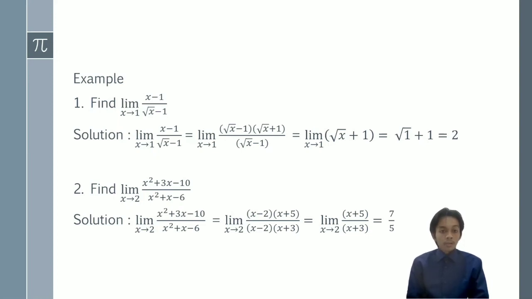Okay, now the next example is: find the limit of x squared plus 3x minus 10 all over x squared plus x minus 6 as x approaches 2. We know that theorem P doesn't apply because the denominator is 0 when x is equal to 2.